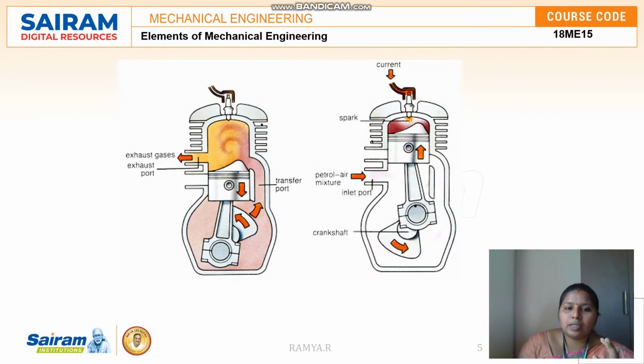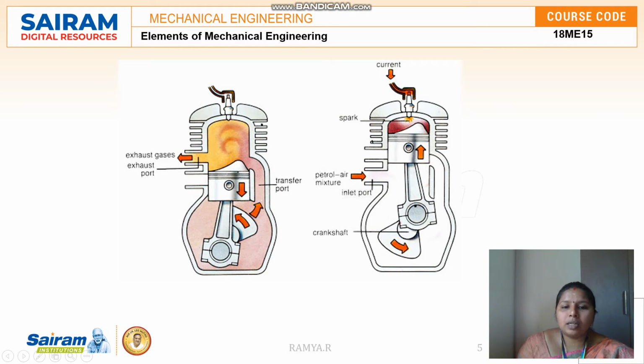I'll show you in a diagram. So this is a two-stroke engine where you have an inlet port, exhaust port and a transfer port. These ports play an important role. Since it is a petrol engine, we have a spark plug here, which usually ignites the air fuel mixture.